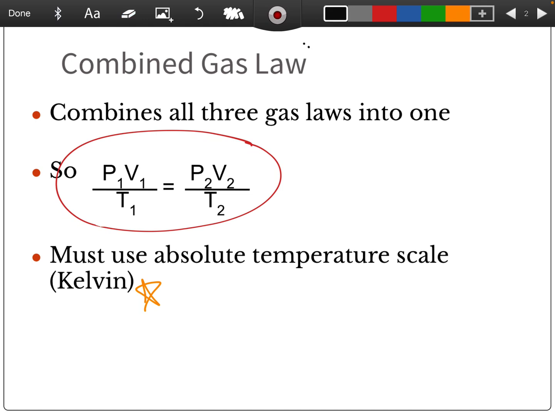If the problem only mentions pressure and temperature, and says nothing about volume, you get rid of volume, and there's Guy-Lussac's law. And if the problem doesn't mention pressure or pressure stays constant, you get rid of pressure, and here is Charles' law. V1 over T1 is equal to V2 over T2. So that's how they got the equation for the combined gas law.